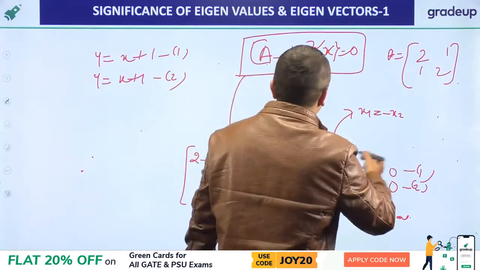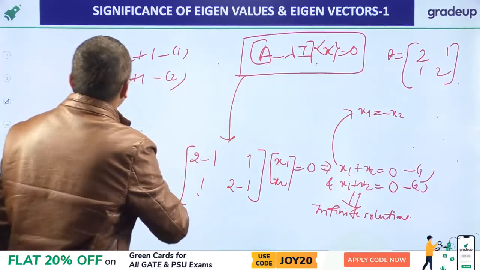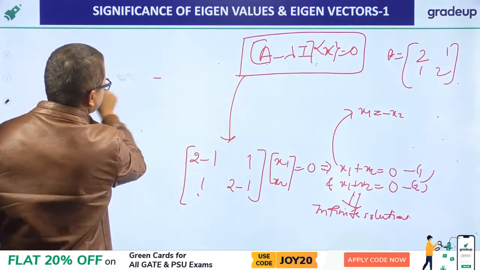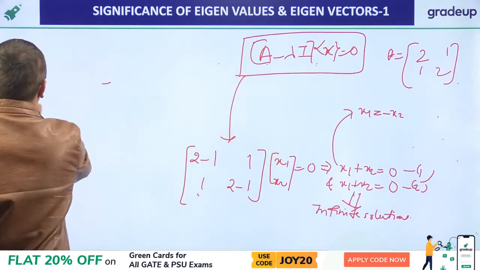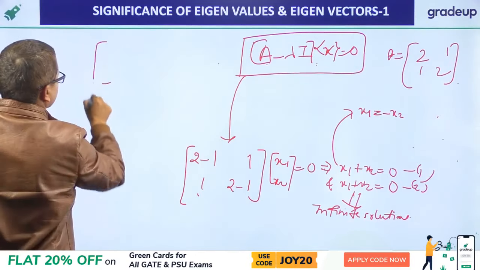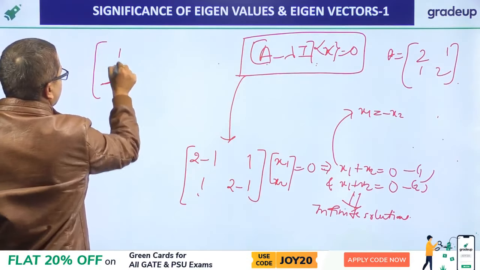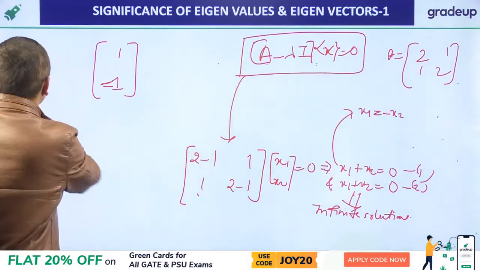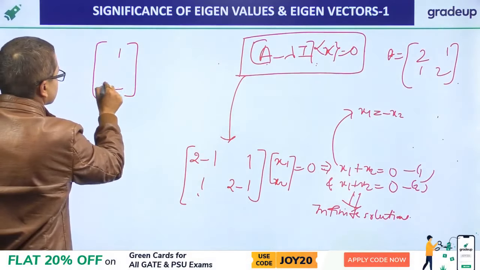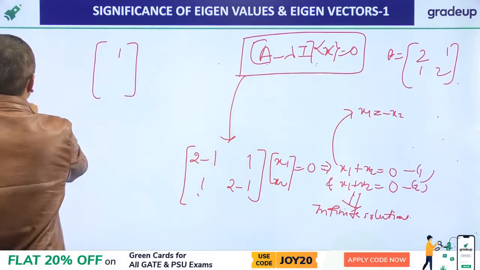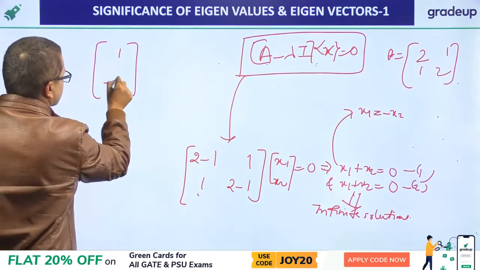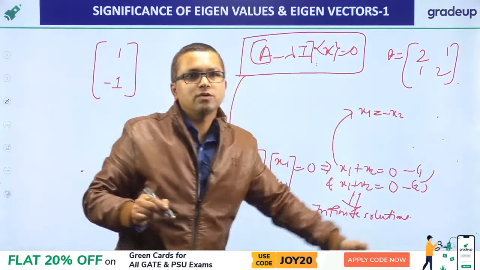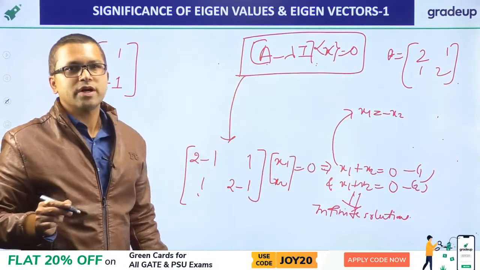So, one, minus 1, can it be an eigenvector? I just put x1 equals 1, so x2's value comes out to be minus 1.